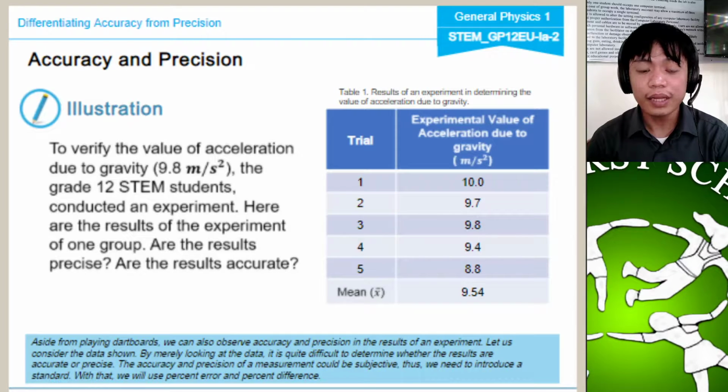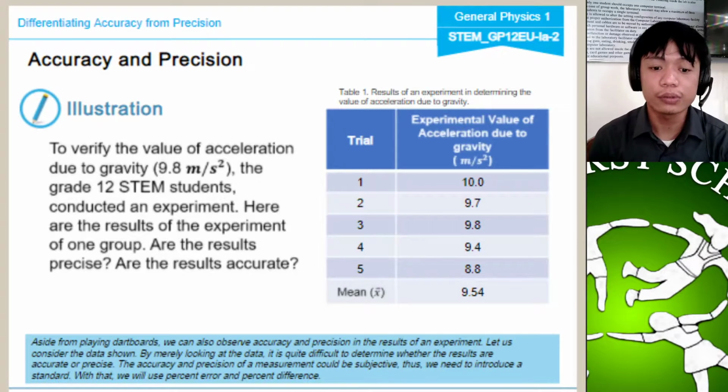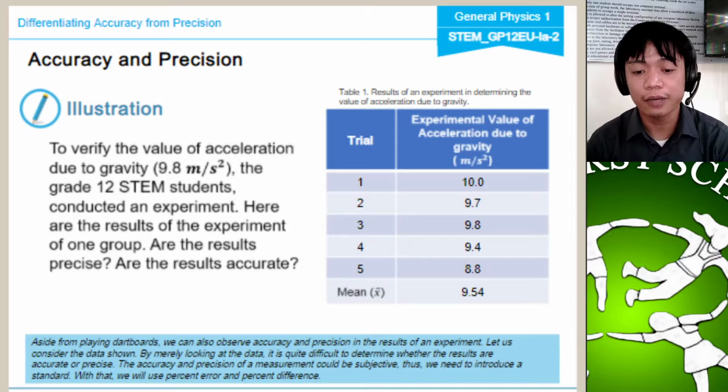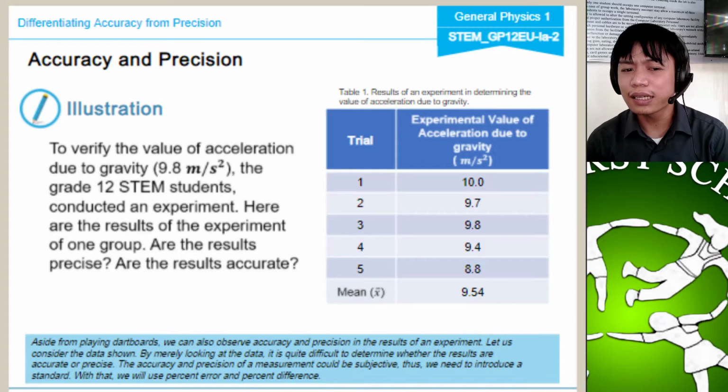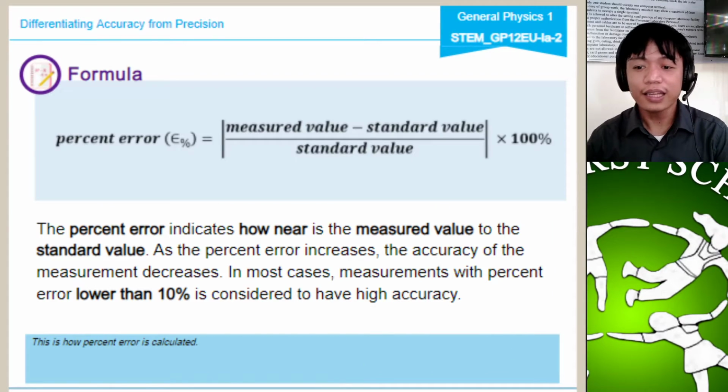So, aside from playing the dartboard, we can also observe accuracy and precision in the results of the experiment. So, the question is, are the results precise? And are the results accurate? Okay, malalaman natin yan.